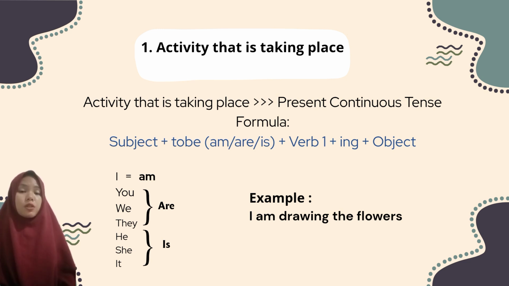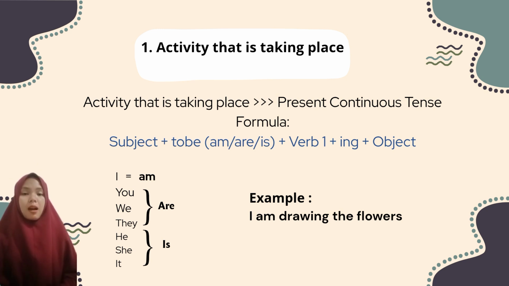If the subject is I, we use am as a to be. If the subject is you, we, they, we use are as a to be. And if the subject is he, she, it, we use is as a to be.